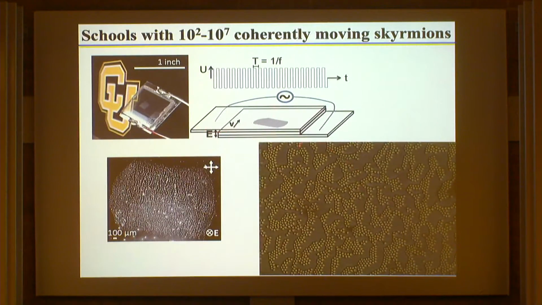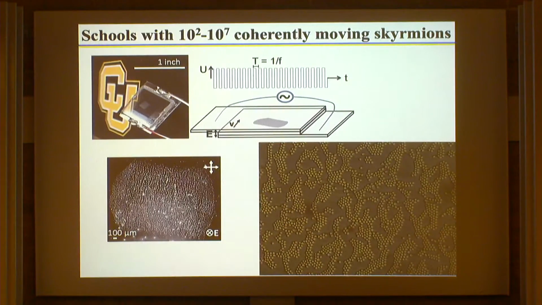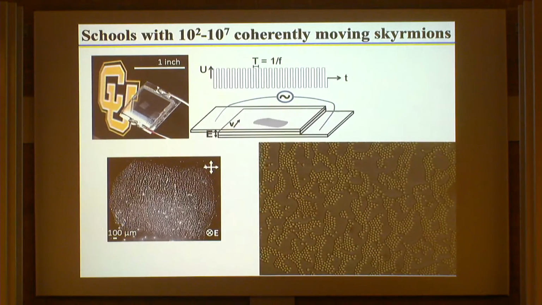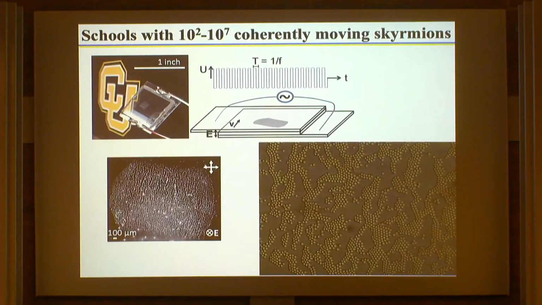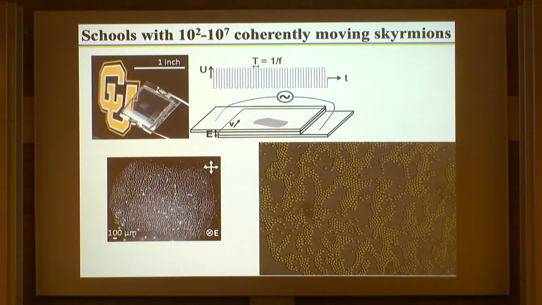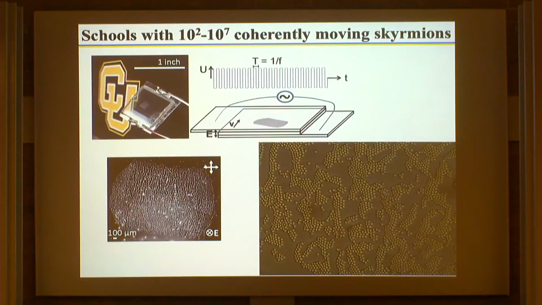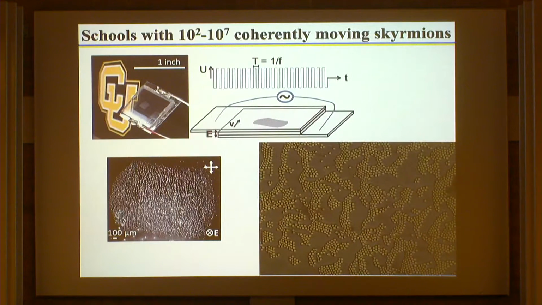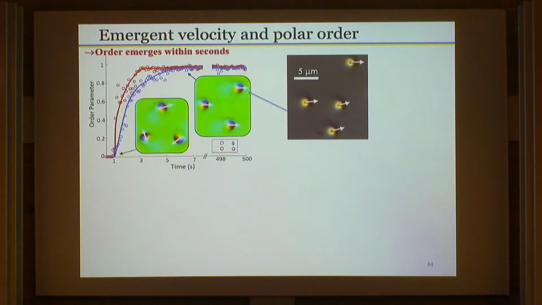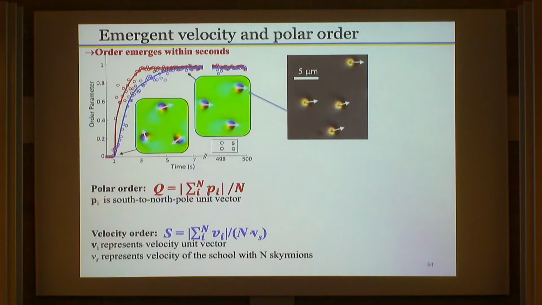So now we can see what happens if we go from several of them or hundreds of them to thousands and millions in a large sample like the one in here. We can see that the ordering of such dipolar-like skyrmions, with time, the skyrmions establish a polar order parameter, right, which we characterize as Q defined in here.